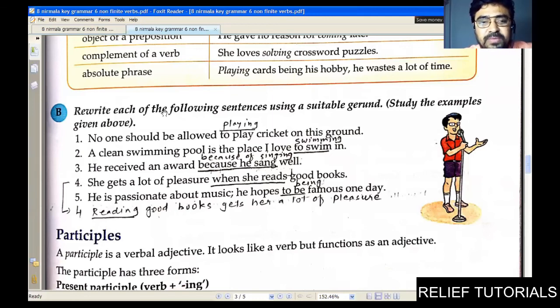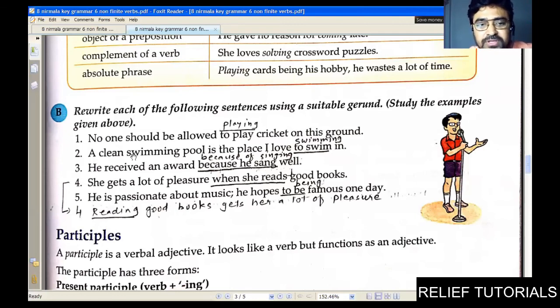So one example is, no one should be allowed playing cricket on this ground. Allowed what? Playing cricket. So playing is the verb with ing working as the object of this verb allowed. Another example is, playing cricket on this ground should not be allowed. Here playing cricket would be working as the subject.